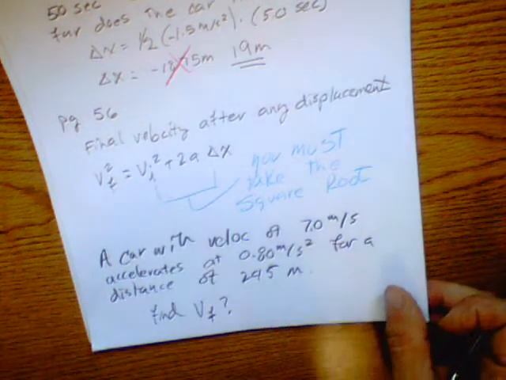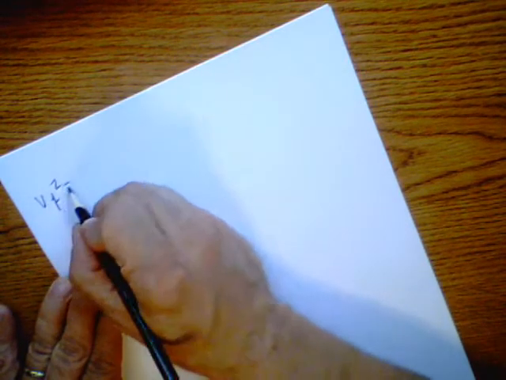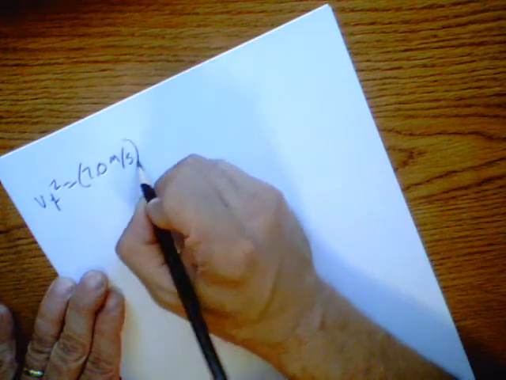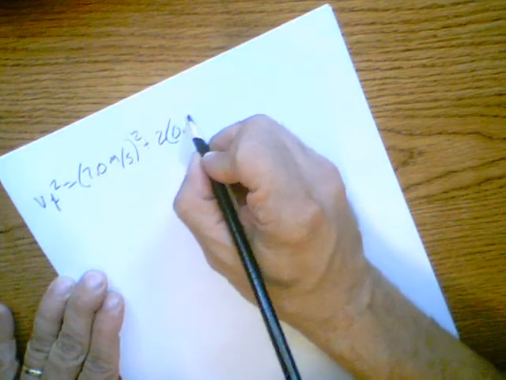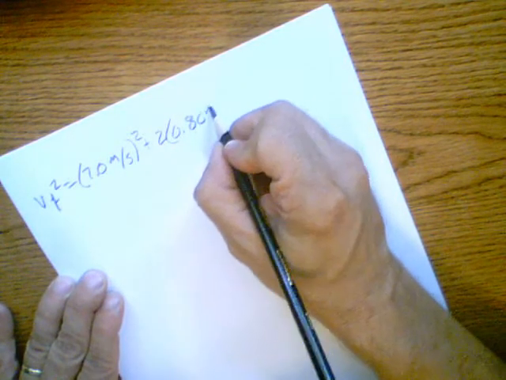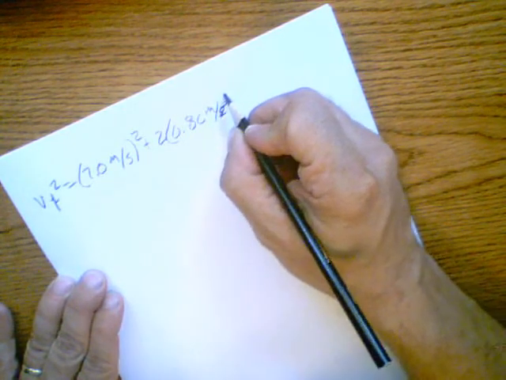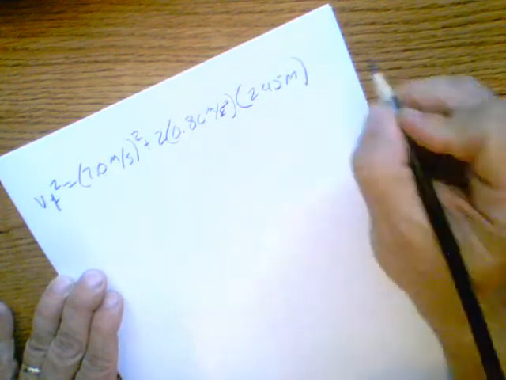And what is that? Well, velocity final squared is equal to 7.0 meters per second squared plus 2 times 0.80 meters per second squared, times 245 meters.